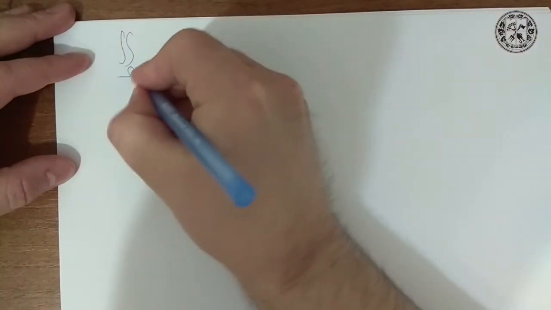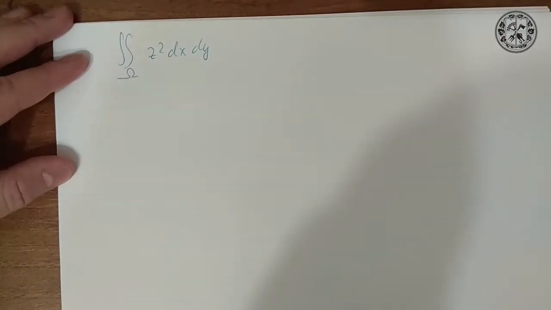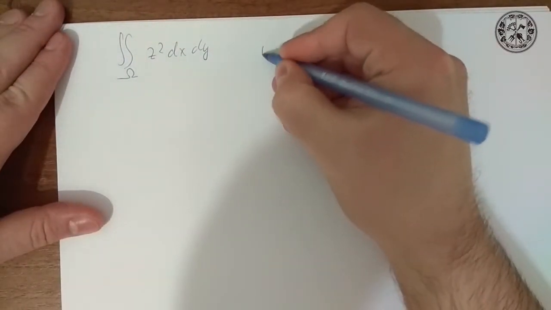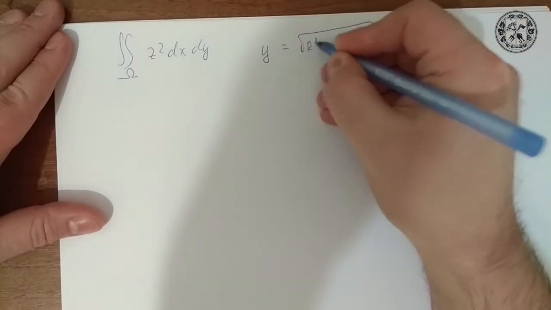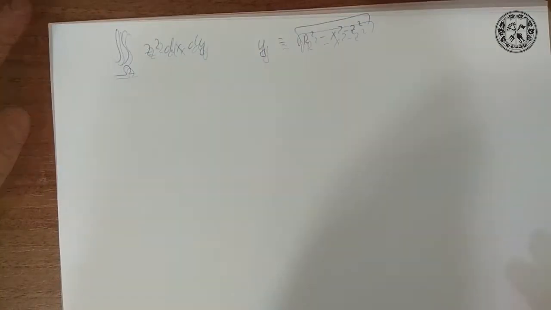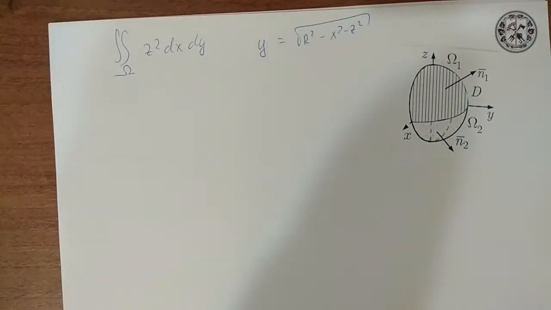Next example. We have the integral by omega of z squared dx dy, where omega is the outer part of the hemisphere y equals square root of r squared minus x squared minus z squared, where r is a real number. If we draw a picture of these surfaces, we'll get something like this.